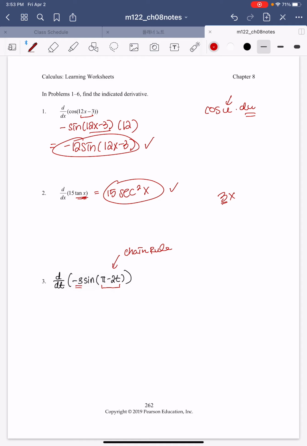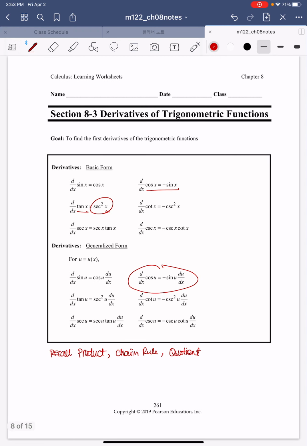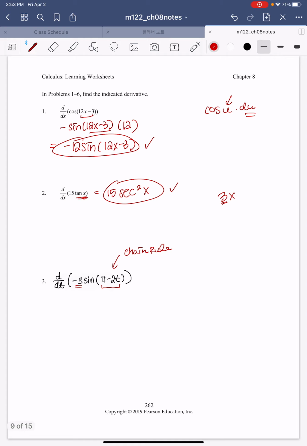The constant in front does not get affected when we take the derivative. The derivative of sine is positive cosine. So if I take the derivative, my first part is negative 3. This part over here is cosine of u times du. What is my du? If u was pi minus 2t, because it's a chain rule, pi is a constant, so that disappears.